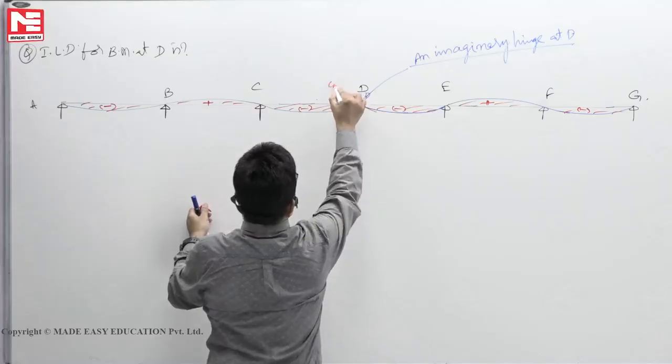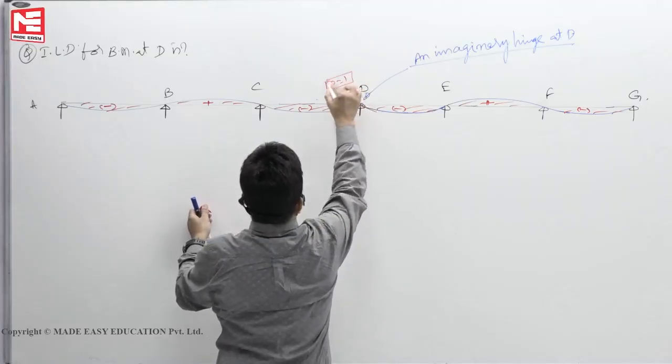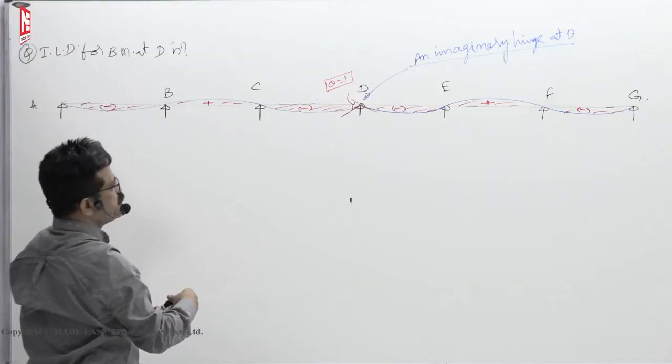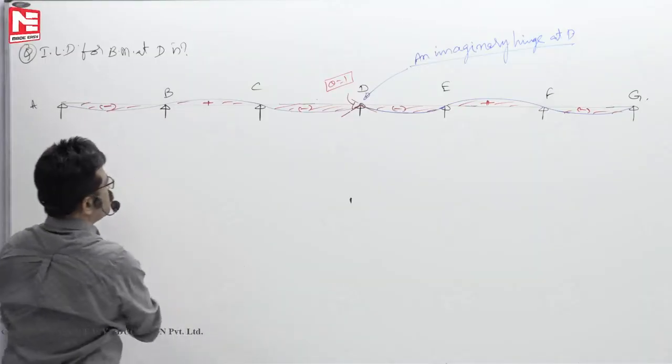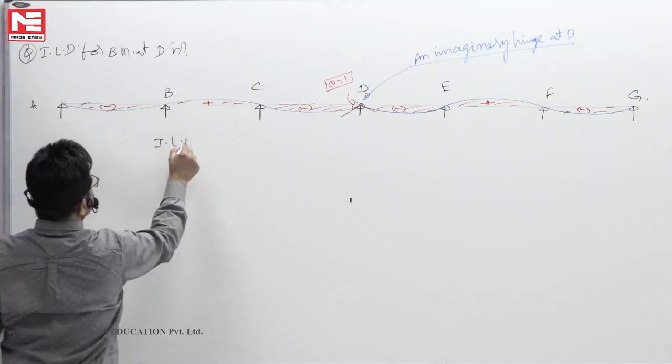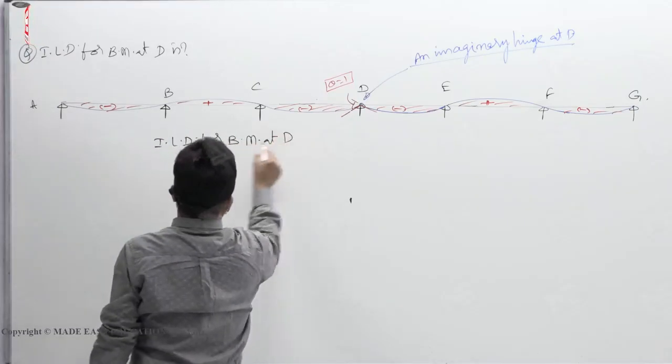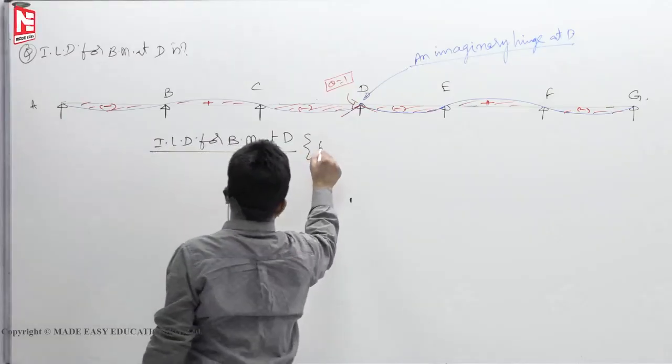This rotation theta is equal to 1. So put together, sum of the rotations put together is 1. So this is your ILD for bending moment at D. How to get it?